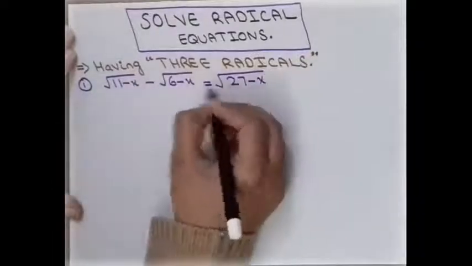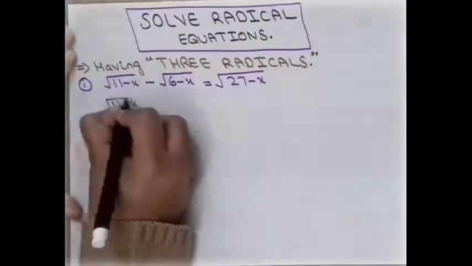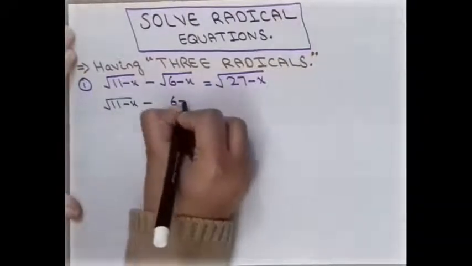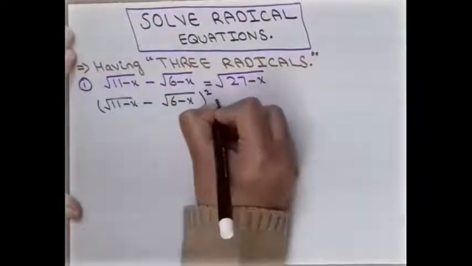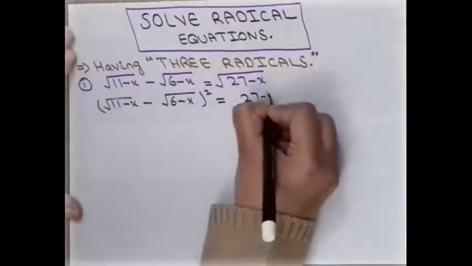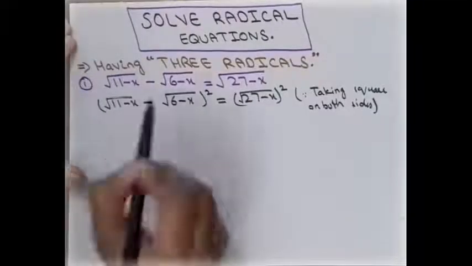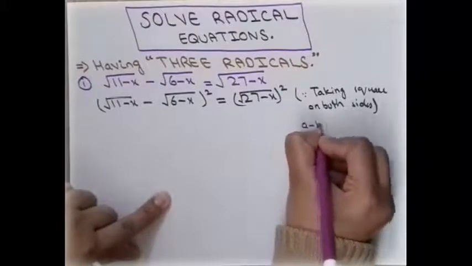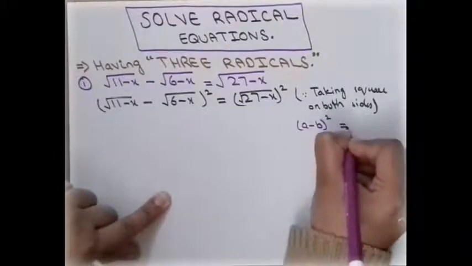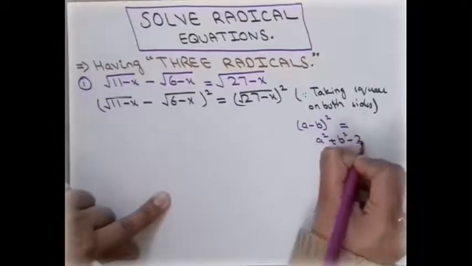For this we take squares on both sides, so we write the term (√(11−x) − √(6−x))² equals (√(27−x))². Now to open this square, we use the formula (a − b)² equals a² + b² − 2ab.